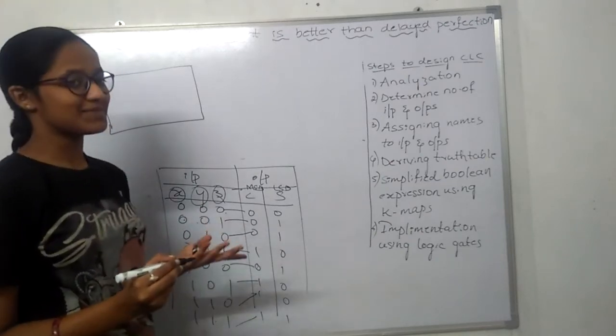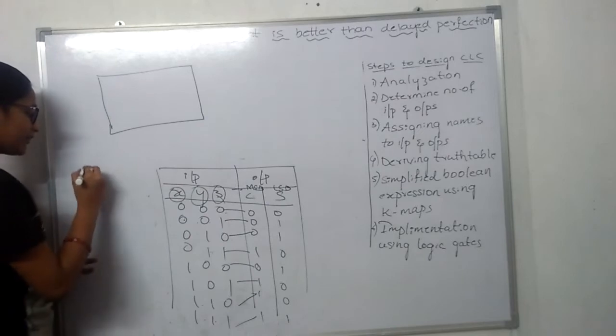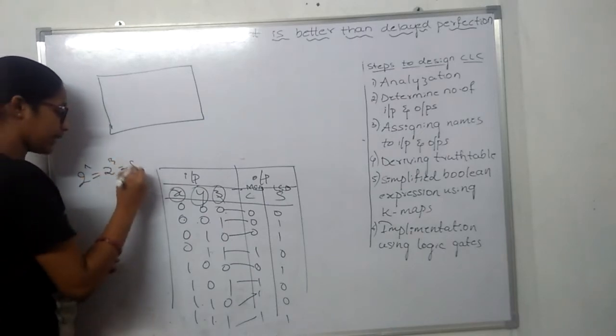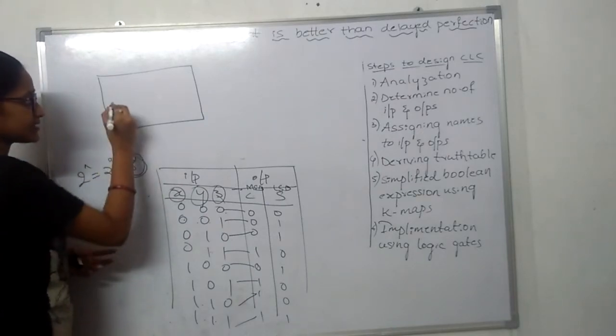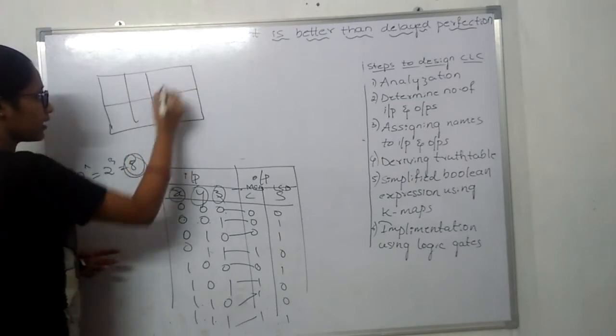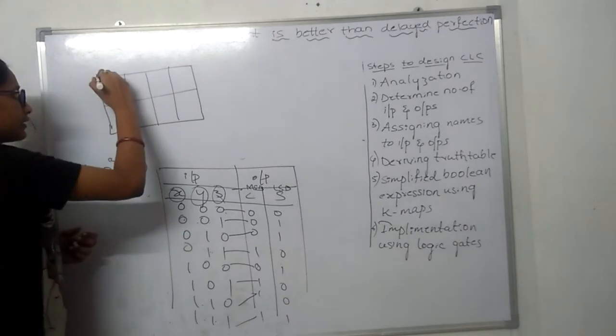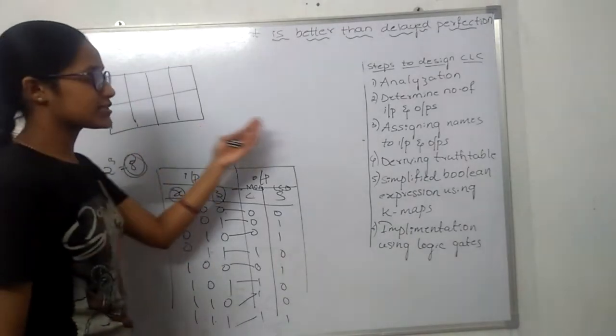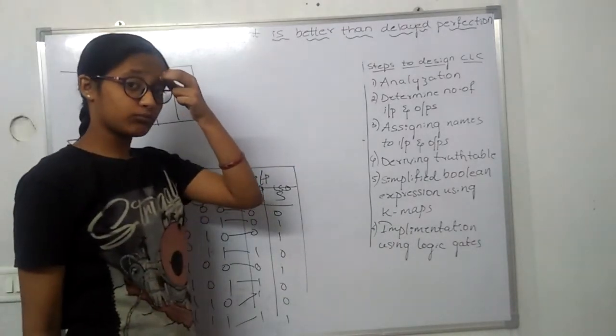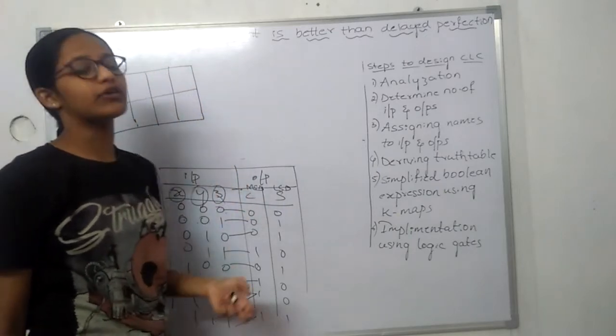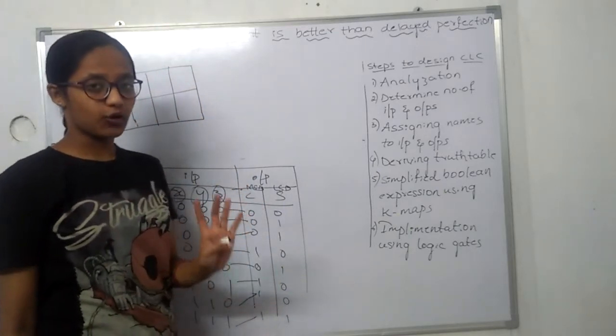Why so? It depends upon 2 power n, that is 2 power 3 equals 8. So we need to draw 8 cells. Of course, you can draw vertically too, but I am drawing horizontally for easy representation only.